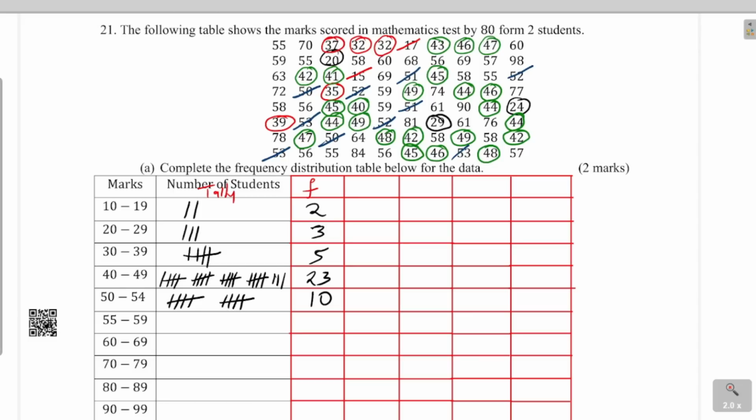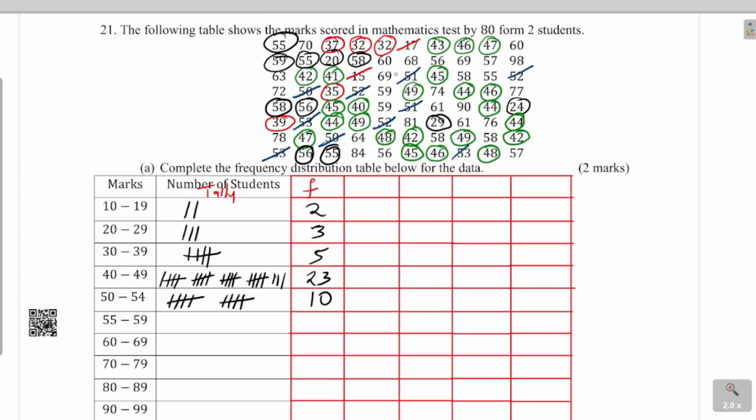Then 55 to 59. 55 is there. 59, 58. 55 again. 56, 56, 55, 58.